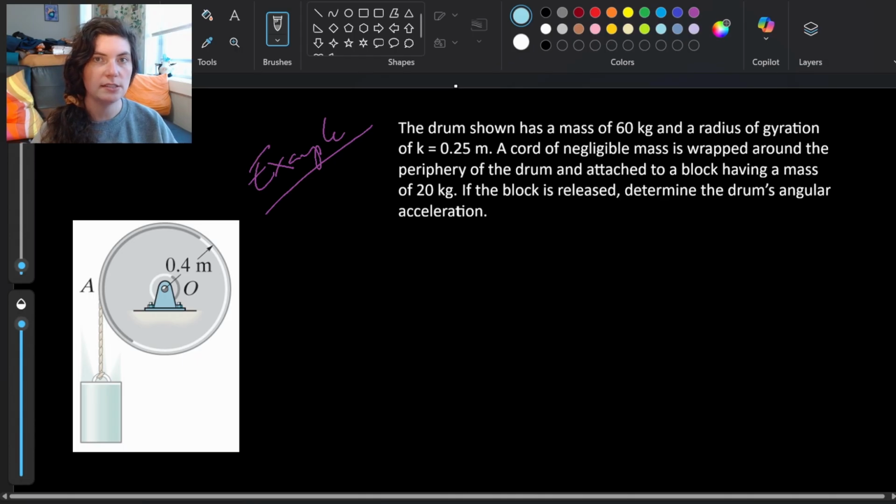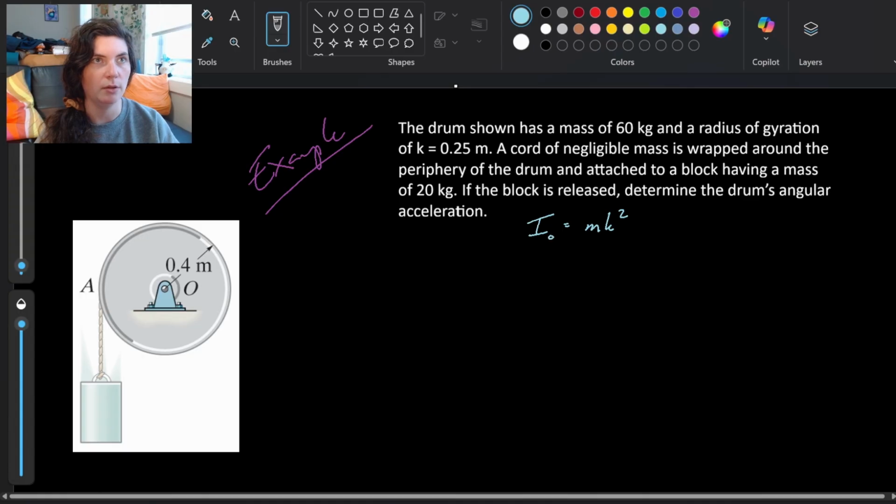All right, for our last example here, we have a drum that's shown that has a mass of 60 kilograms and a radius of gyration of 0.25 meters. So if you remember our radius of gyration, that relates back to our moment of inertia. That K value is given to calculate moment of inertia, and that equation again is I equals mk squared.